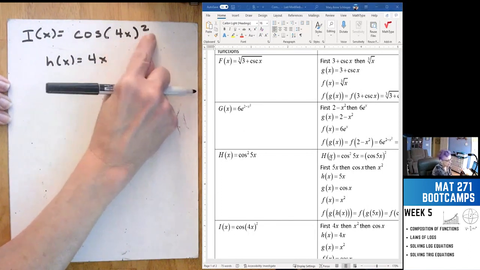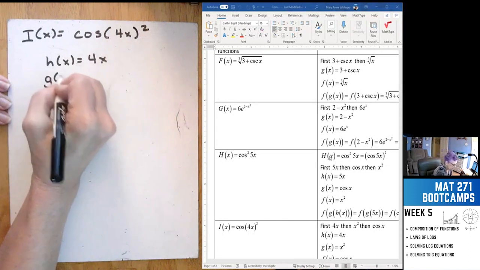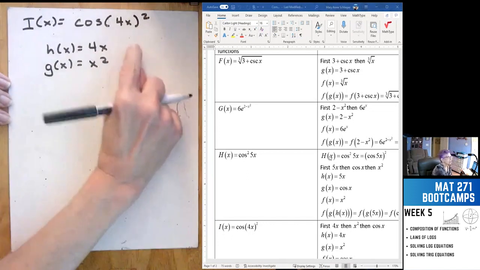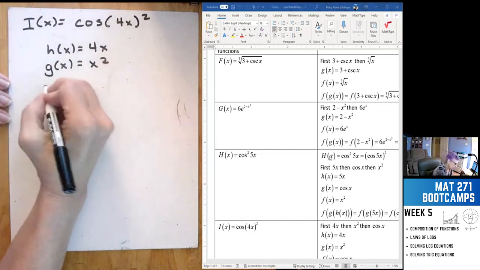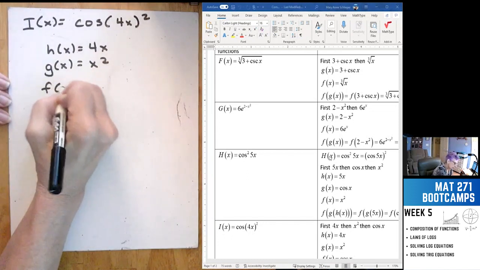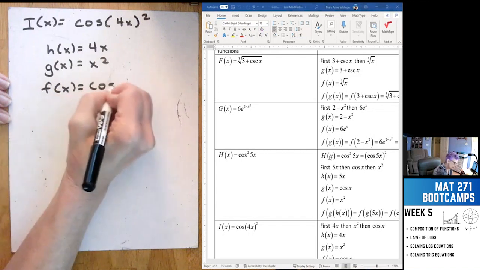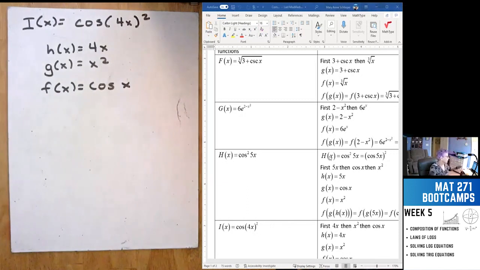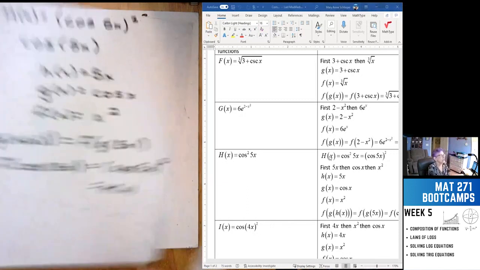Well, next thing you do is the exponent. So g of x is x squared. And what's the next thing you do? Well, the last thing you do is the cosine. So the squared is in a different order this time.